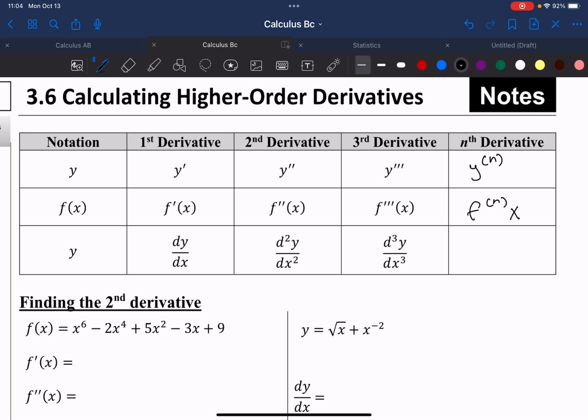And if we do it in terms of dy dx, notice that the second derivative is d2y dx squared, the third is d3y dx cubed, which means the nth would be dny over dx to the n power.